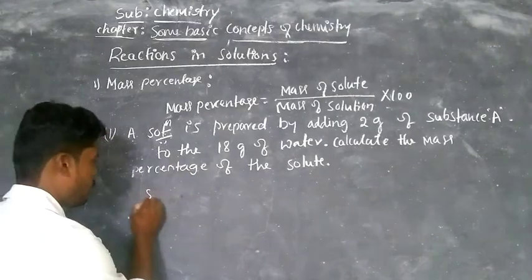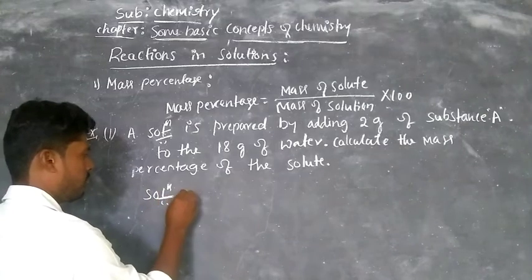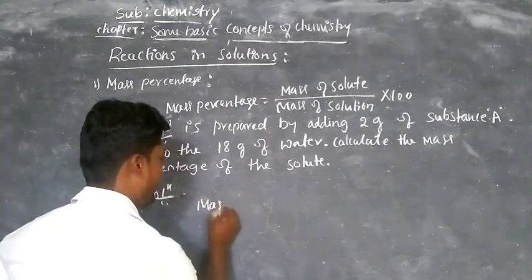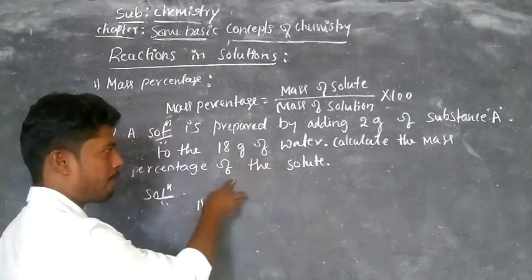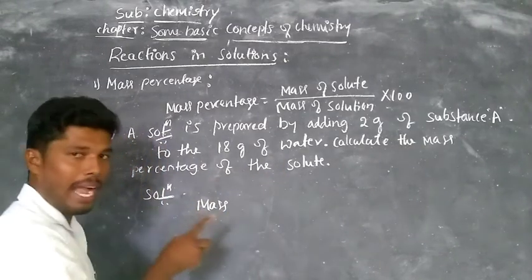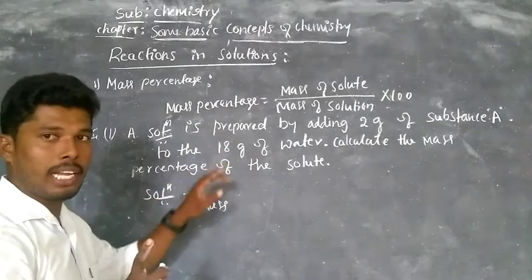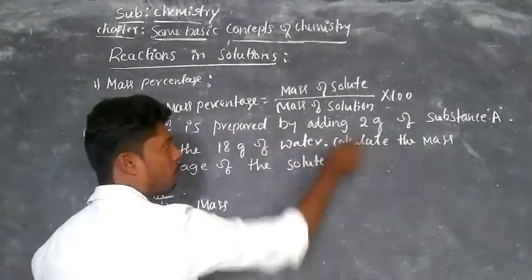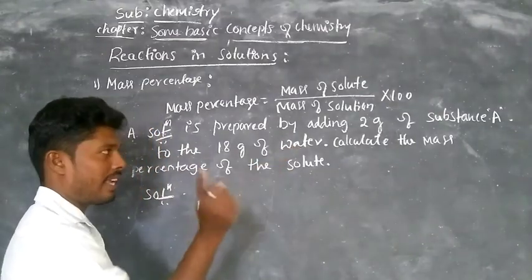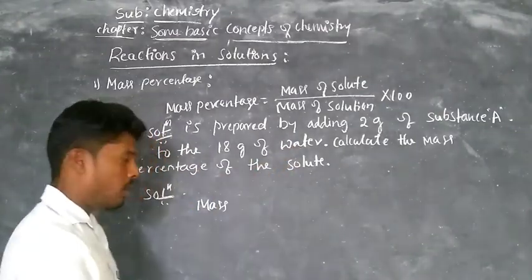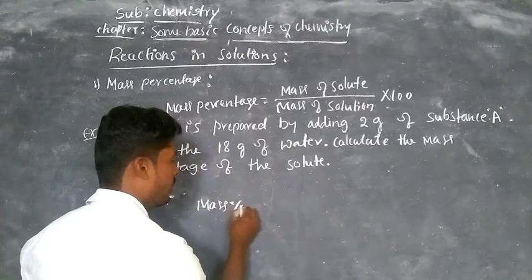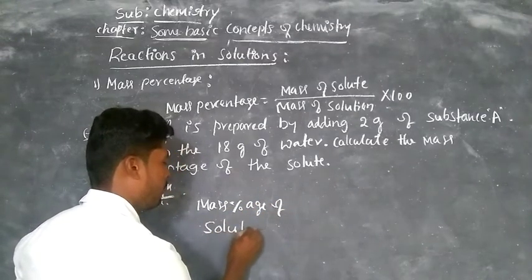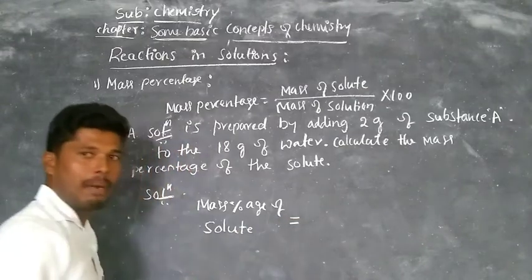Now observe the solution. We have to calculate the mass percentage of the solute. The solution is prepared by adding 2 grams of substance A. Substance A is nothing but the solute. So mass percentage of solute is equal to mass of solute.